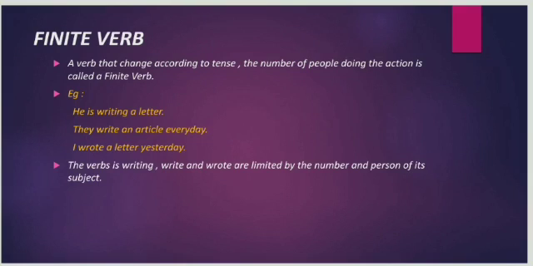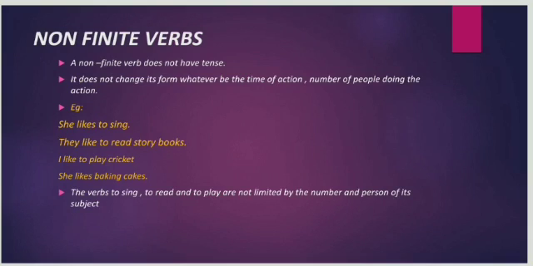So again it is limited by time or tense. So the verb writing, write or wrote is limited by the number and person of the subject. I think this is clear.